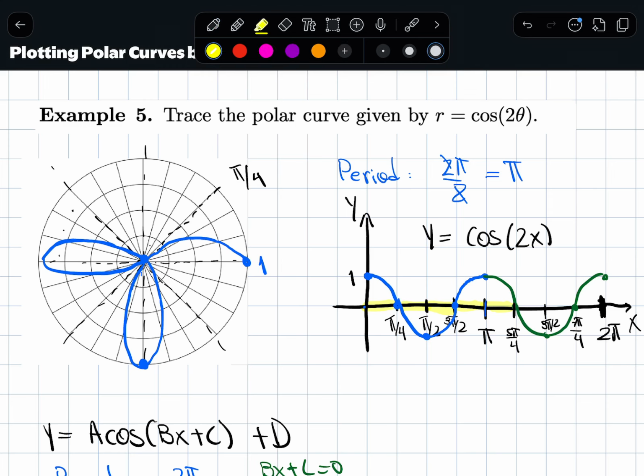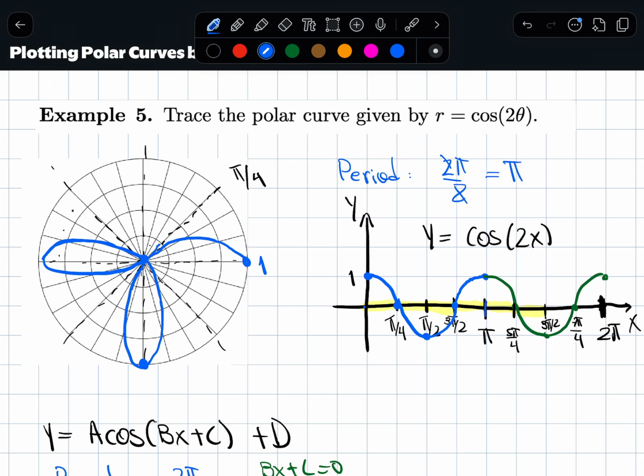And then after that, it will go from 1 to -1. So you are between 5 pi over 4 and 3 pi over 2, that's correct. So you would be right here, but because r's will be negative in this piece, you would be pointing to the opposite side. So you will be right here.